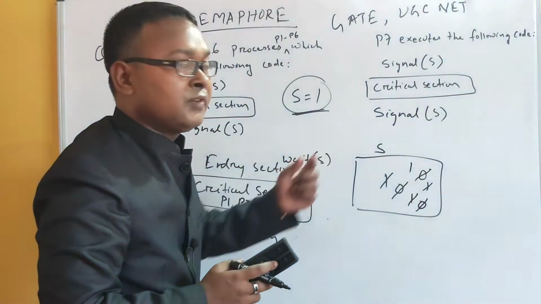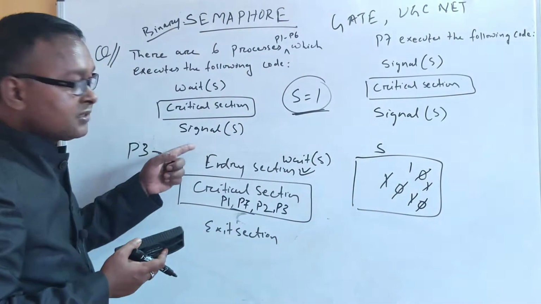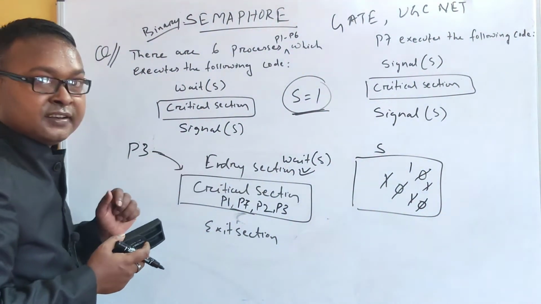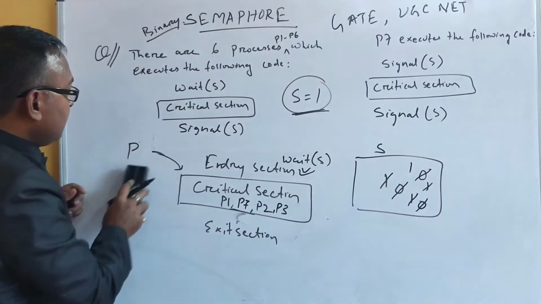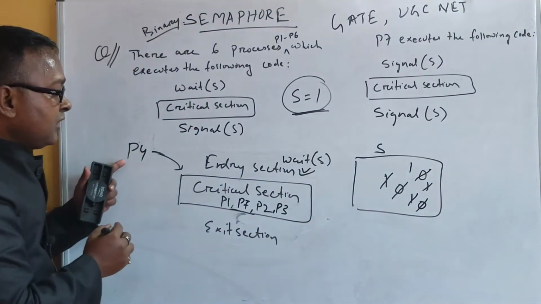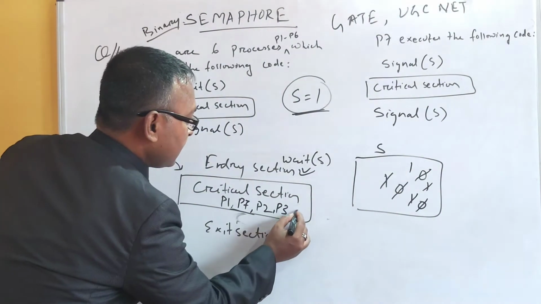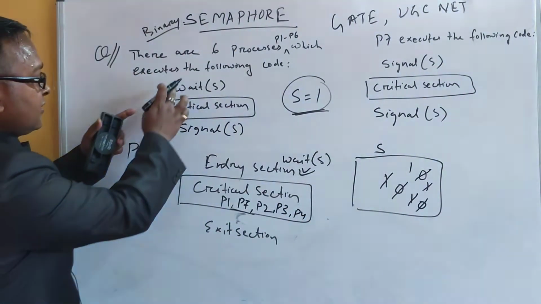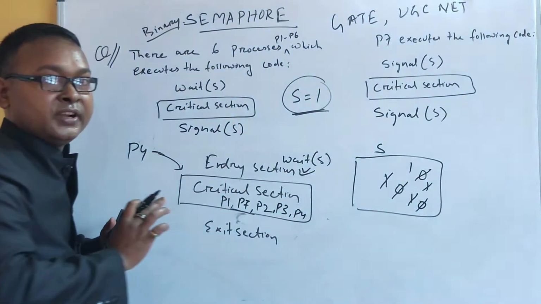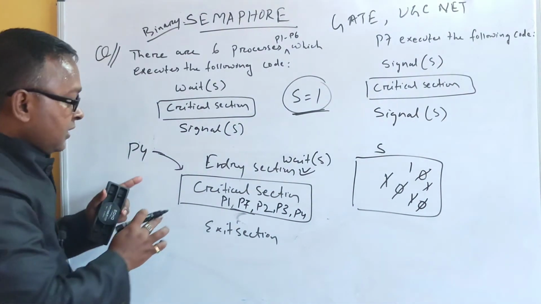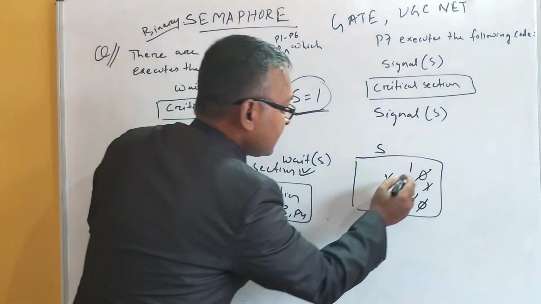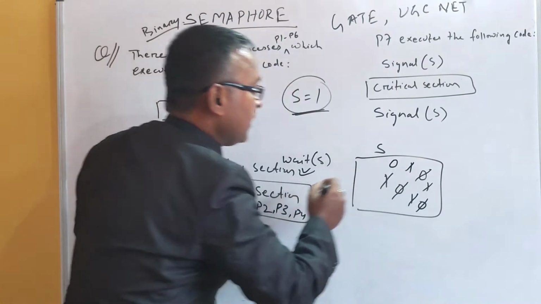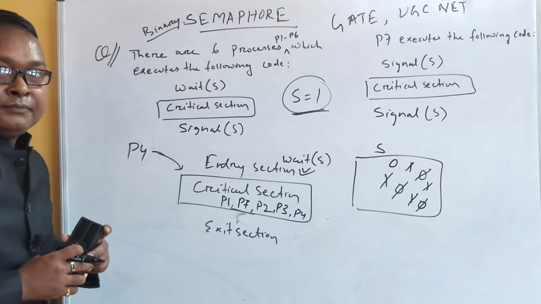If the semaphore value is 1, it can enter by executing the entry section code. So P4 wants to enter, and P4 can enter into the critical section by executing the entry section, that means wait. Okay, so P4 enters into the critical section, thereby decrementing the semaphore value to 0.